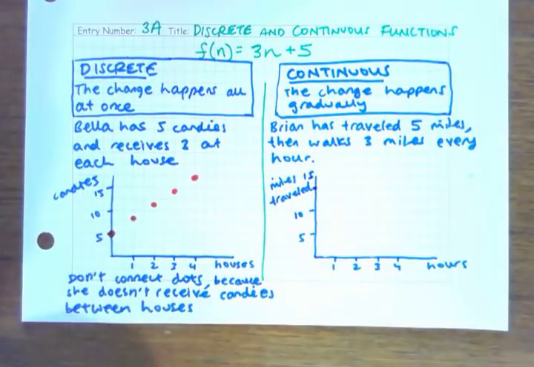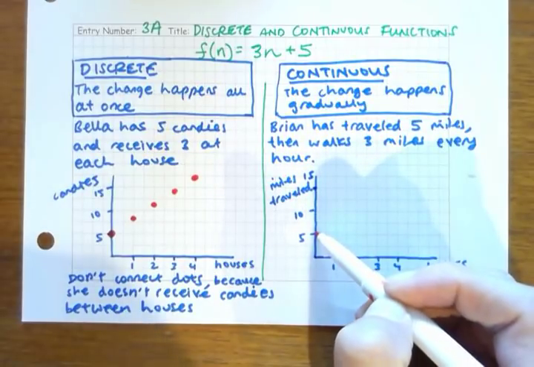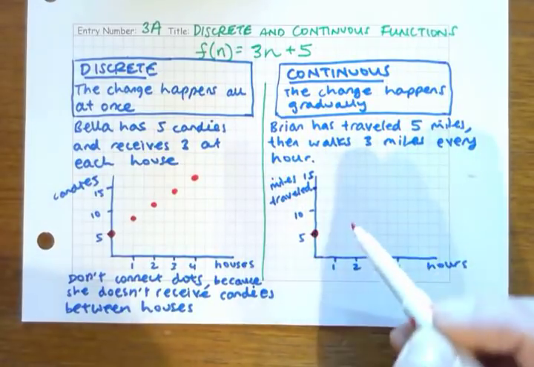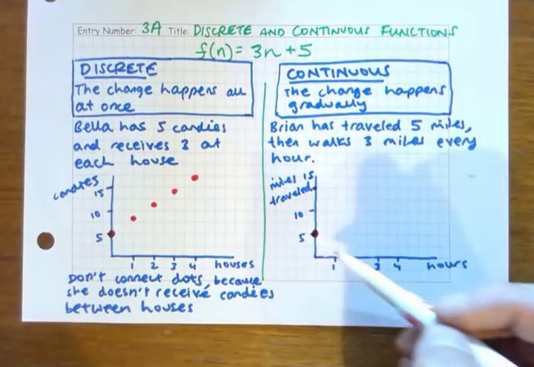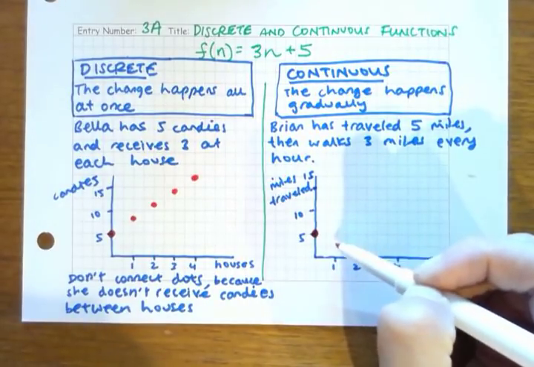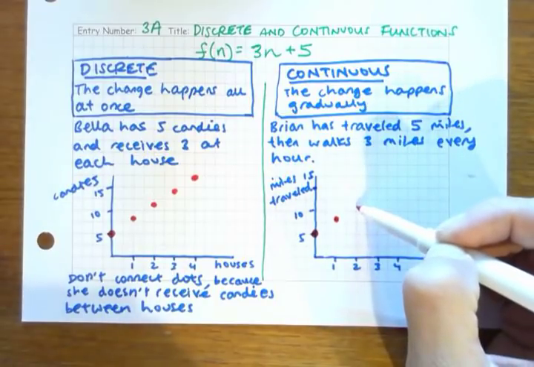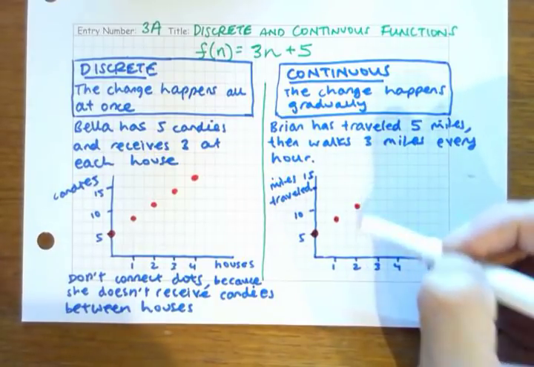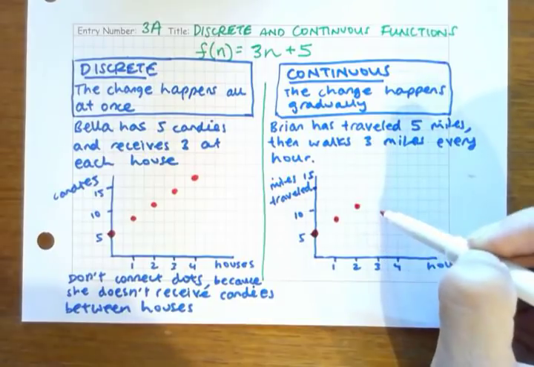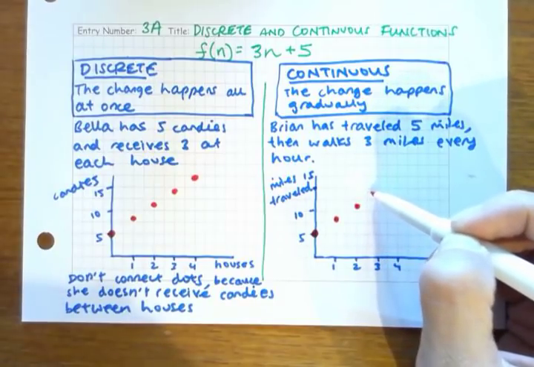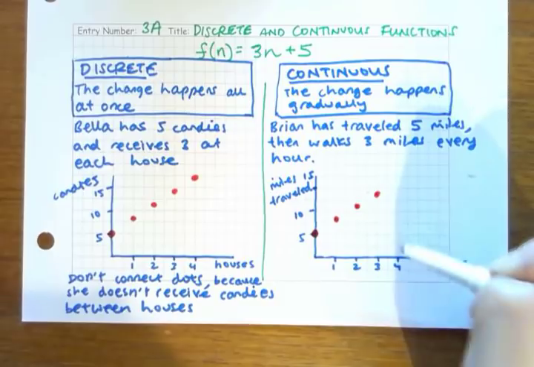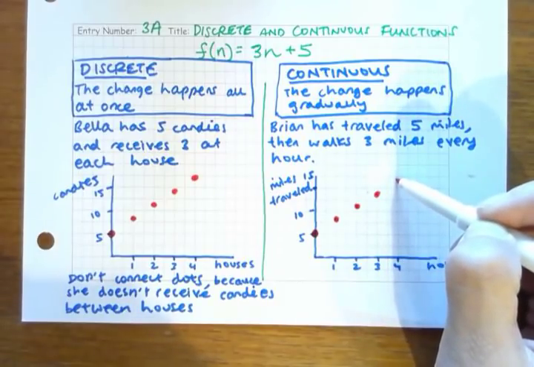Sorry, it's getting a little crowded over there. And we know after 0 hours he's already at 5, and then after the first hour he travels 3 more, so it goes to 8. Then it goes to 11 in hour 2. We're going up by 3 every time. In hour 3, it's 14. And then hour 4 is 17.